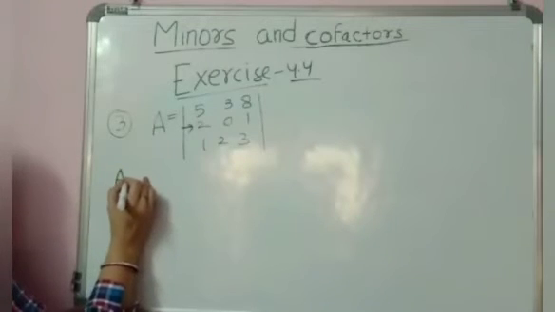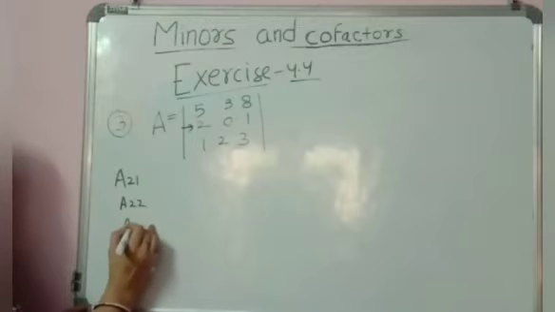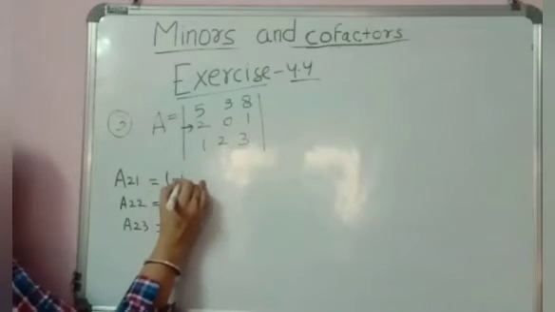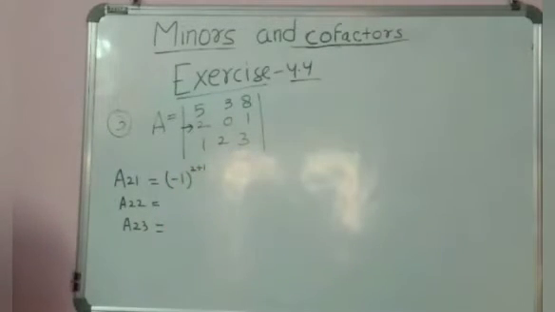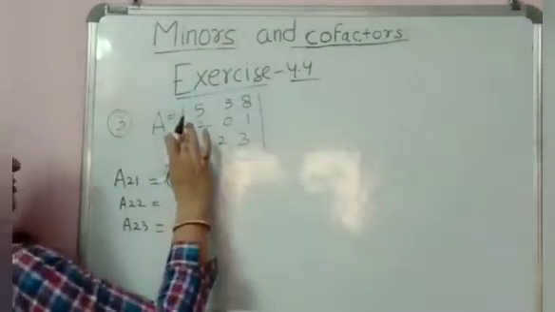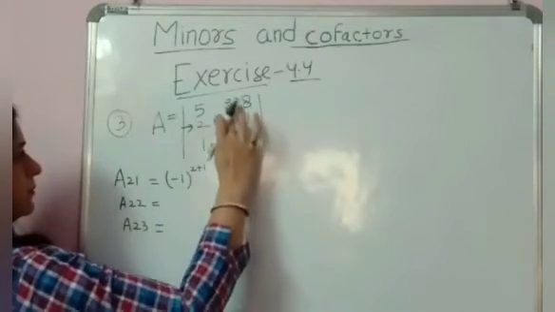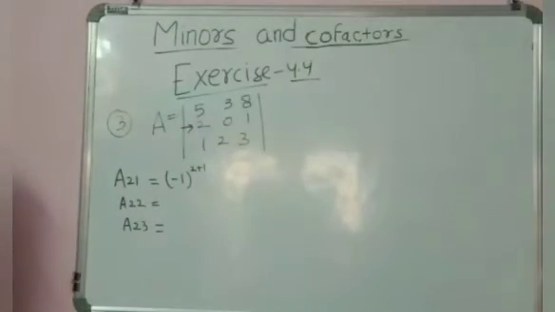Now cofactors of the second row you have to get. So A21, A22 and A23. A21 will be minus 1 power 2 plus 1 into its minor. It will be obtained by deleting this row and this column. So 3 into 3, 9 minus 16.